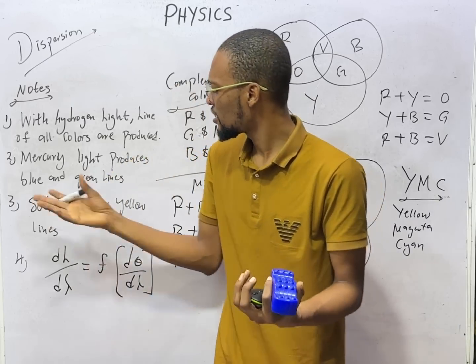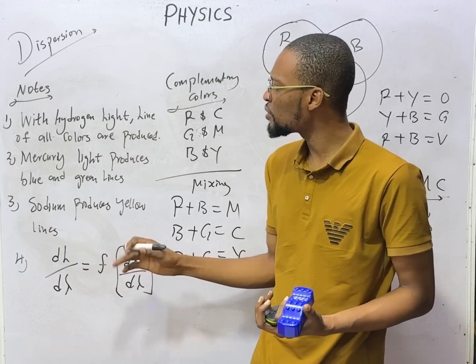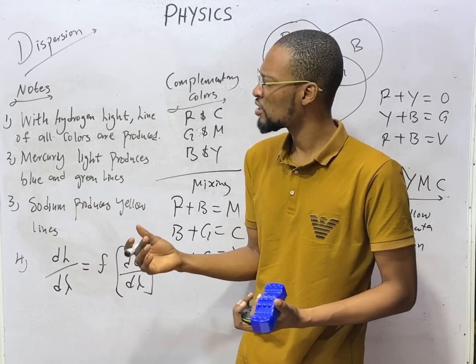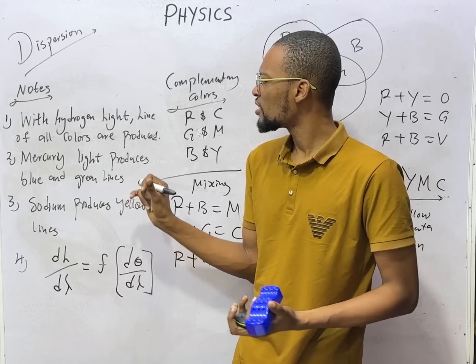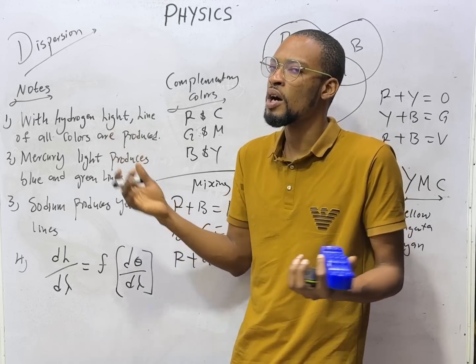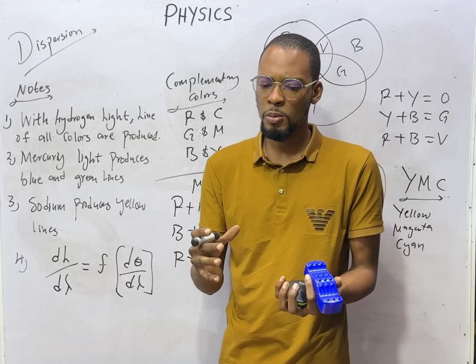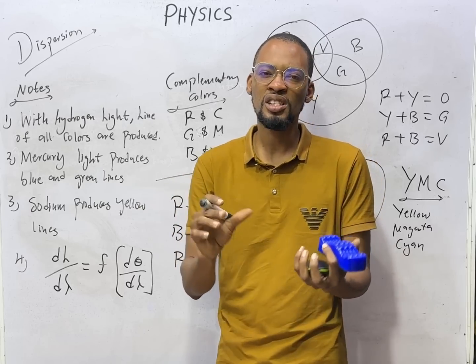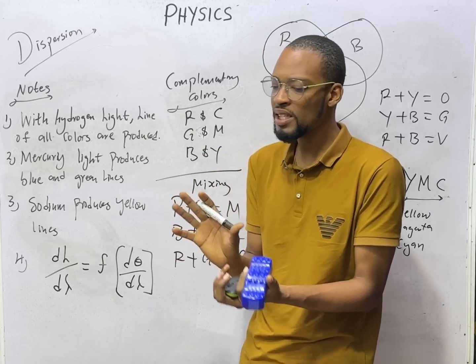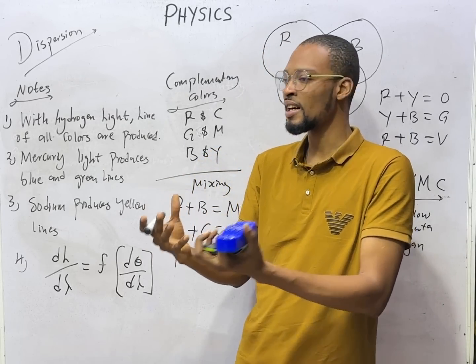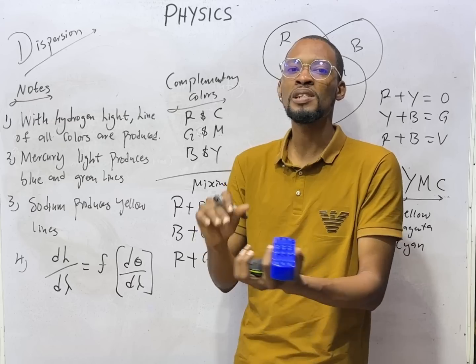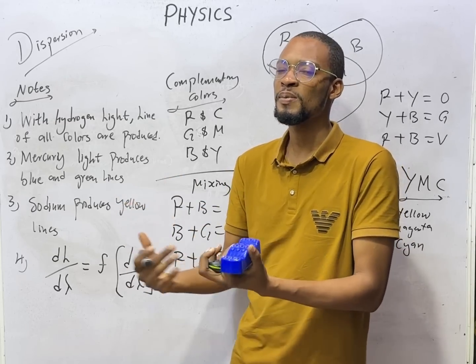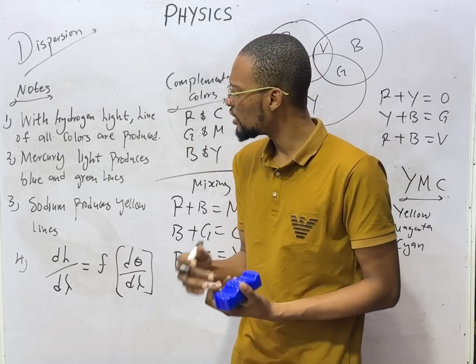To end this class, these four tips are going to help you. With hydrogen light, the color of hydrogen light is around red. Lines of most colors, even all, are produced. In atomic theory under chemistry, we talked about the hydrogen spectrum, how some persons could not explain the lines seen in the hydrogen spectrum, while some could explain the hydrogen spectrum but could not explain the spectrum of other elements.